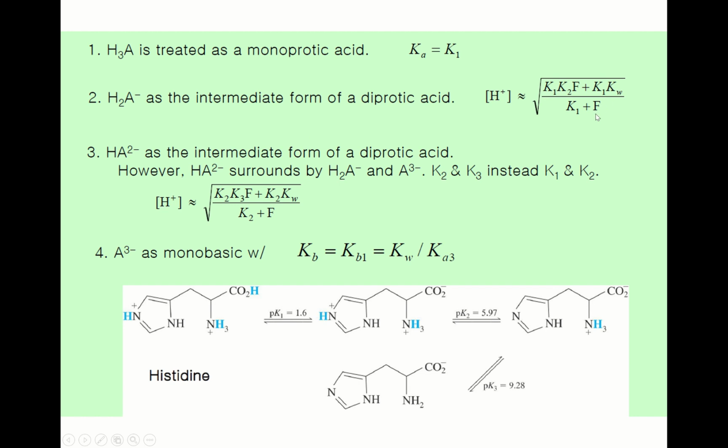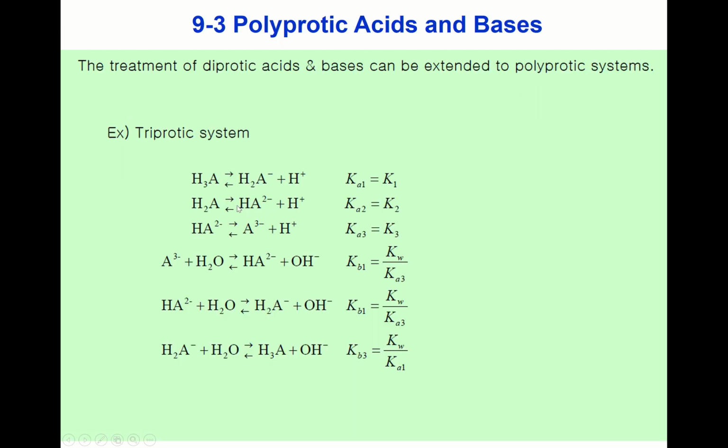How do we calculate the proton concentration? If initially we have the H2A minus form, which equilibrium constant do we use? It is in between KA1 and KA3.